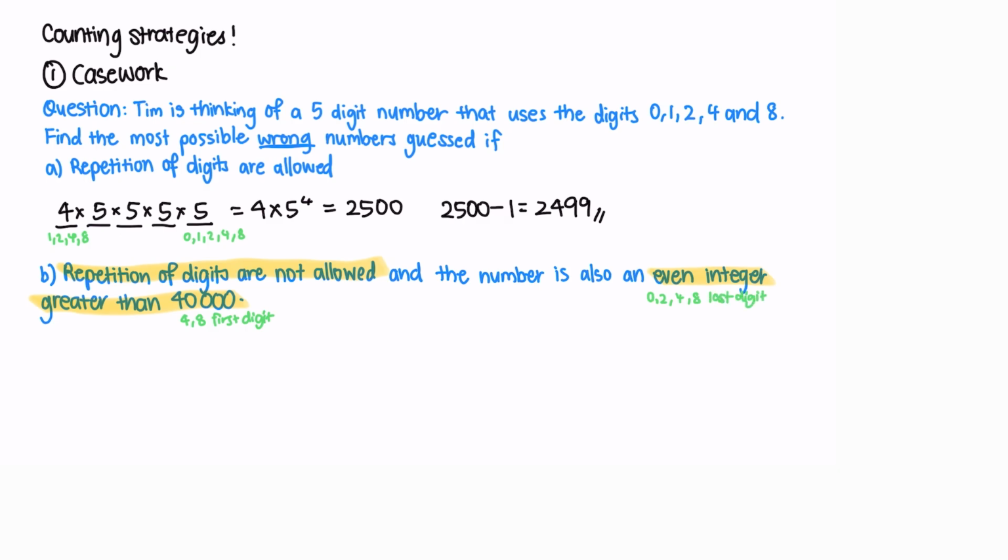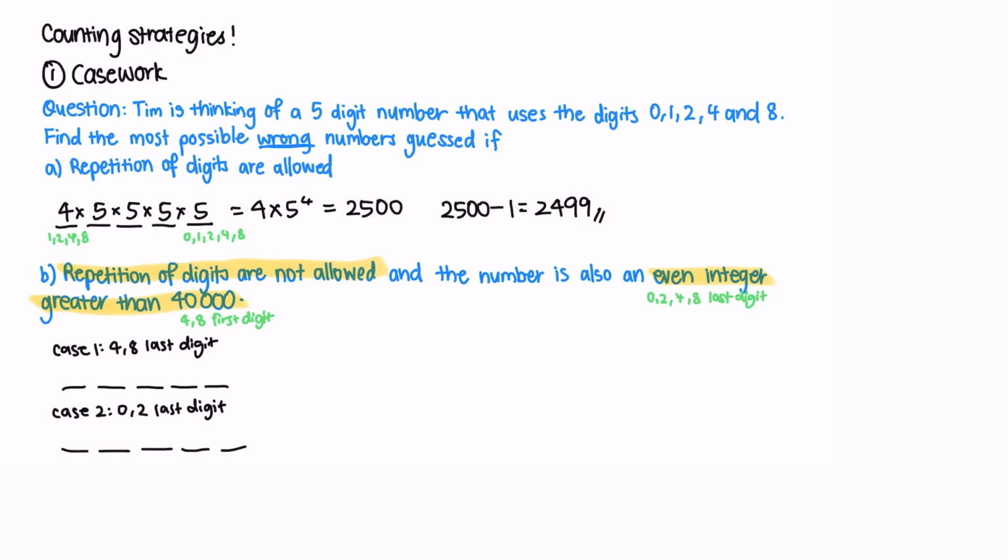Since we see a little bit of repetition here, we have 4 and 8 and 4 and 8 over here, maybe let's introduce a bit of casework. Our case 1 will be when 4 or 8 is the last digit. And naturally, our case 2 would just be the other side, when we have 0 or 2 as the last digit. If you have 4 or 8 as your last digit, this means that there are two different ways of choosing your last digit because you're choosing 1 out of 4 and 8.